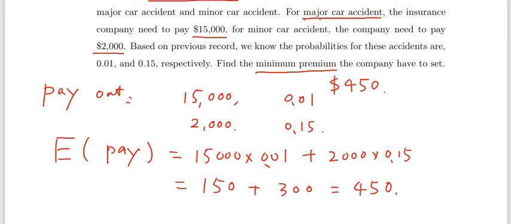If they set this, then the company will just break even. No gain, no loss. So usually they will set it a little bit higher than this, then they can make some money, right? Okay.